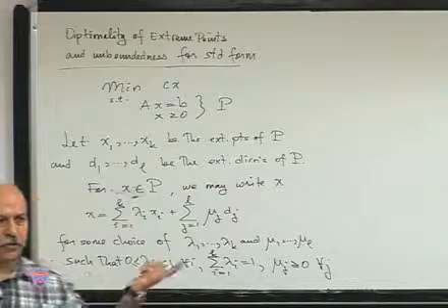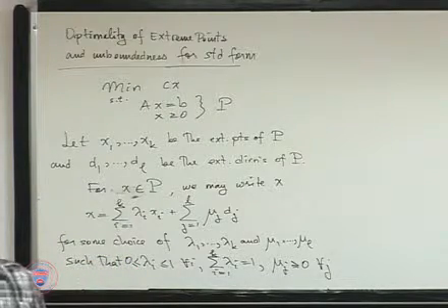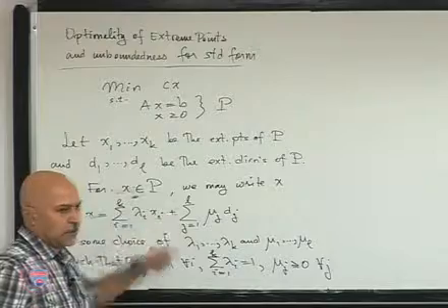So there's a choice of the lambdas and the mu's with these properties such that x is expressed in this way.